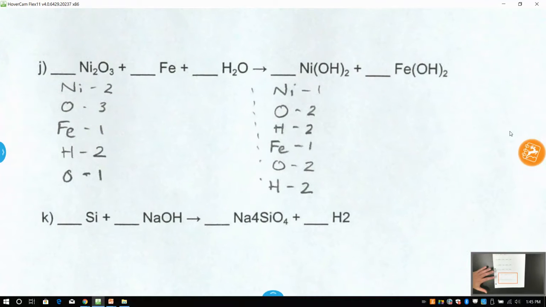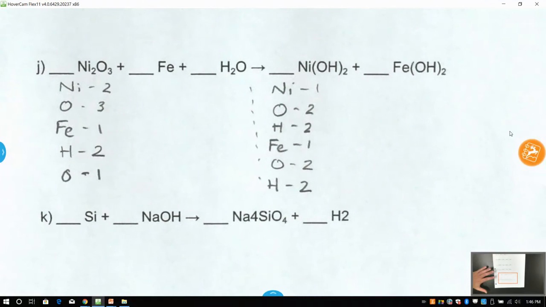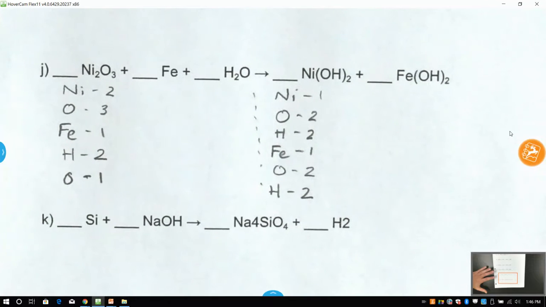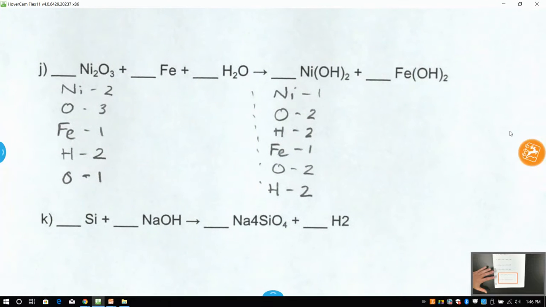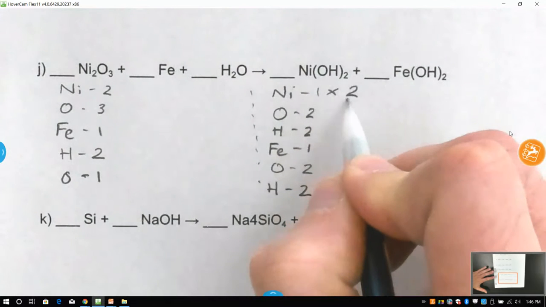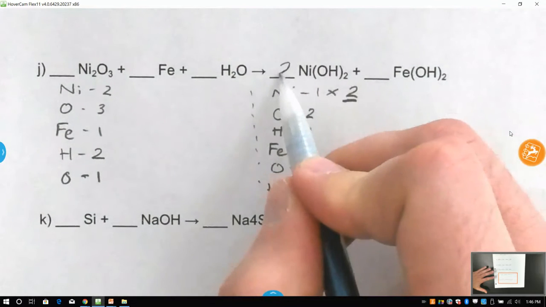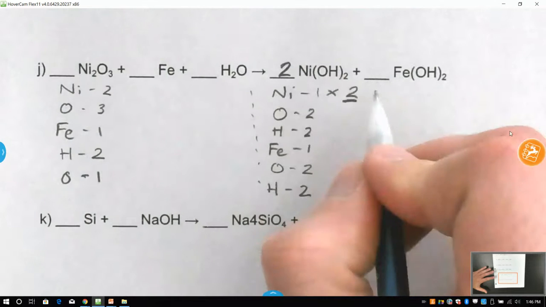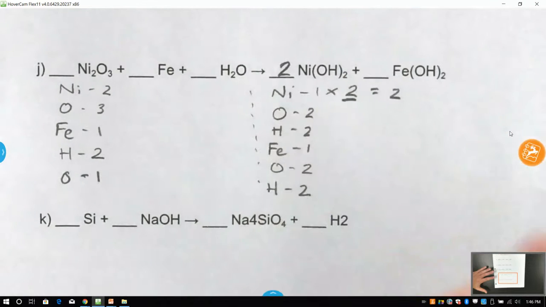And then I would say let's balance the nickel first. If I'm trying to balance the nickel first, tell me what I need to do. Good. This dude needs to get multiplied by 2. Correct. Since that's what I multiply it by, that becomes the coefficient.